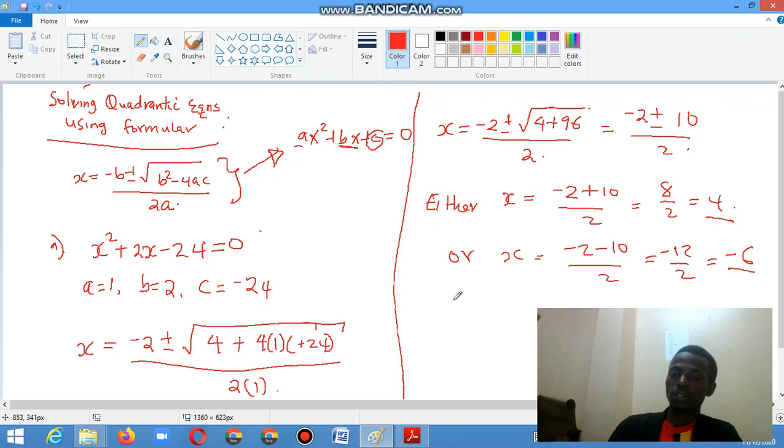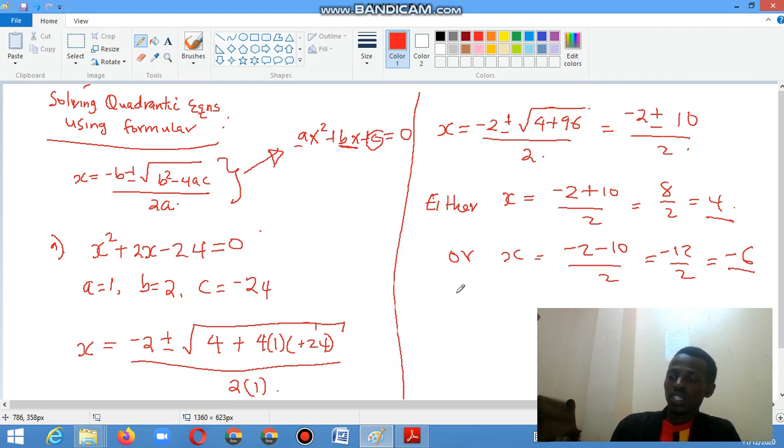And I hope these are the same answers as we got when we used the factorization method. So this is the method. The factorization method is very good, but we usually encourage friends to use this formula method on harder quadratic equations.